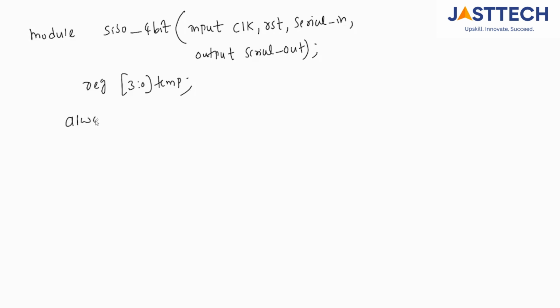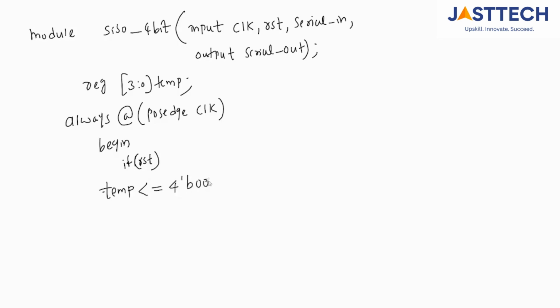Always at the rate posedge of clock, begin, if reset. If reset equal to 1, I am initializing temp with non-blocking 4'b0000.